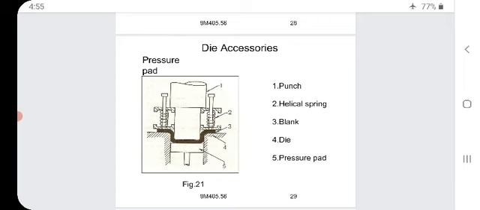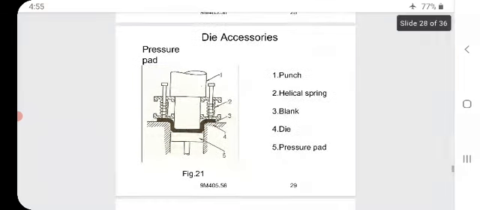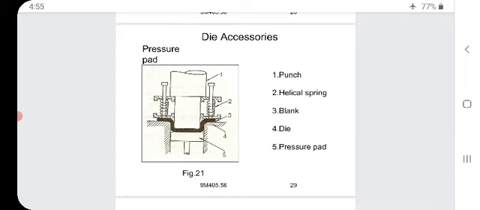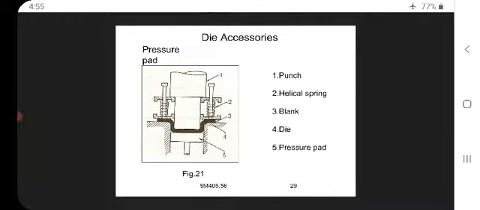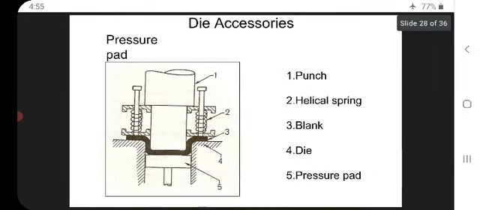See the pressure pad. The first one is a punch, second a helical spring, third one blank, fourth one die, and the fifth one pressure pad. From the top, with the help of a punch, we are applying pressure from the vertical direction.